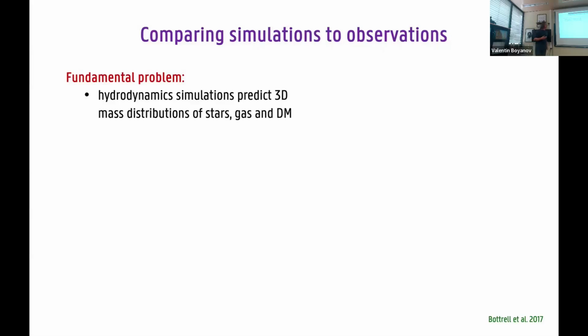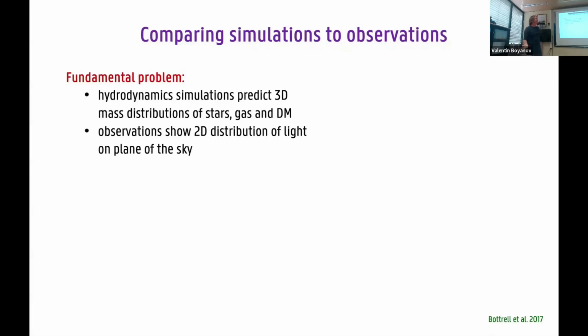But what you see in observations, if you look through your telescope, is a 2D distribution of light on the plane of the sky. You have your observations in optical or X-rays or infrared. Now you have to try to match these two, but they're not necessarily one-to-one, because a 3D distribution of stars does not easily translate to an image on the sky.